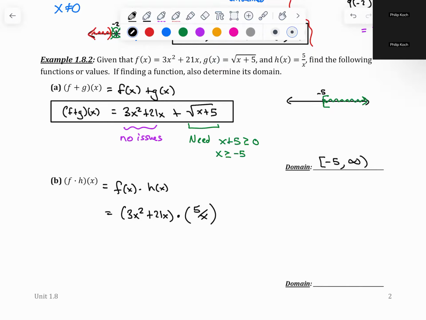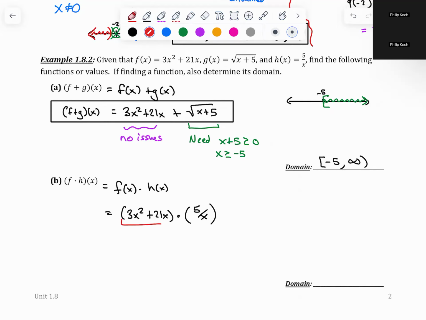You can factor out an x from f and get x times 3x plus 21. In fact, you can factor out a 3x, and then the x's would cancel. But that would make you lose out on information. Remember, if you cancel a factor, you have to say provided blank does not equal 0. So we're going to look at it holistically right now. We're not going to simplify it yet.